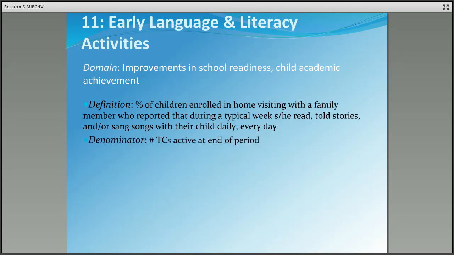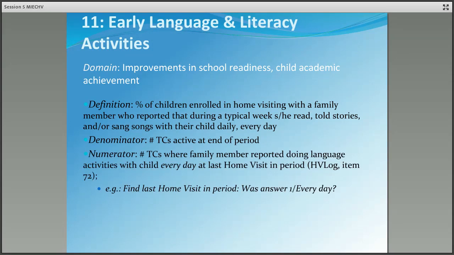So the denominator is the number of TCs active at the end of the period, and the numerator is going to be the number of TCs where a family member reported doing language activities with the child every day at the last home visit in the period. Example, you find the last home visit in the period. Was this item answered yes and every day?